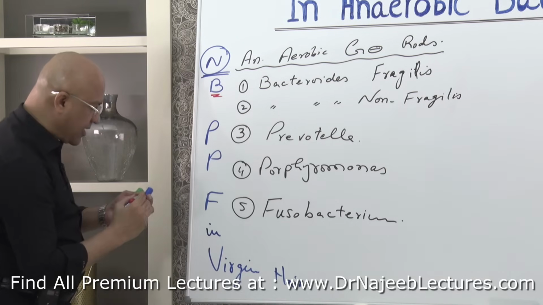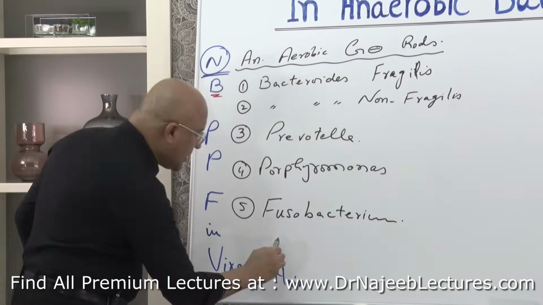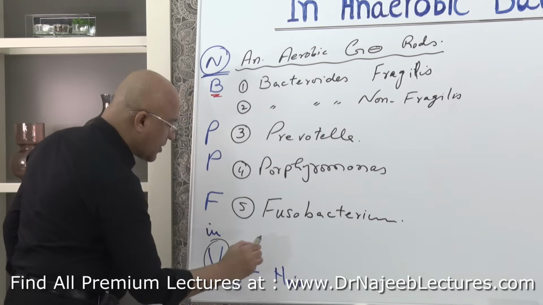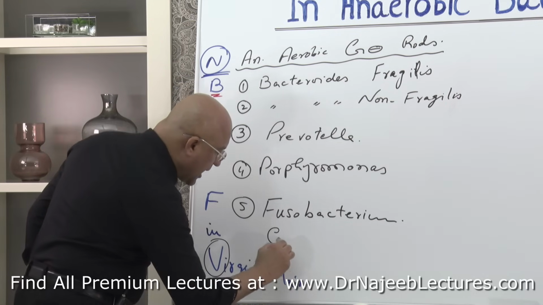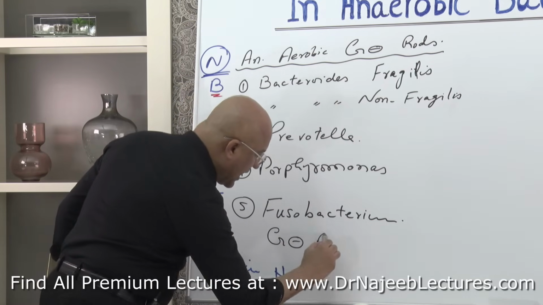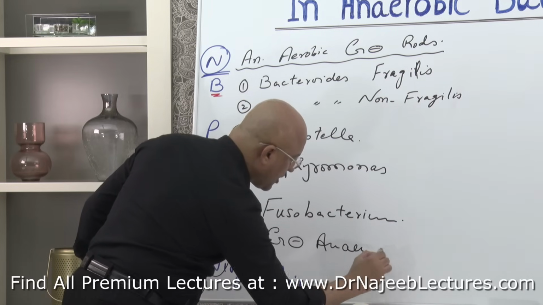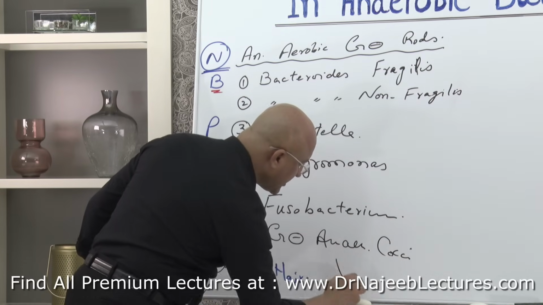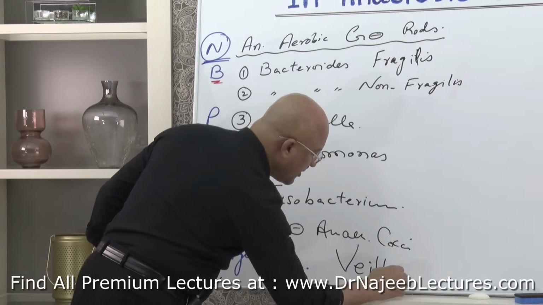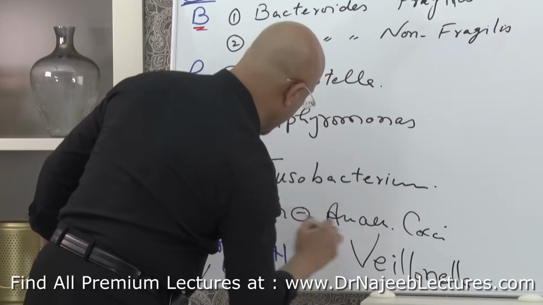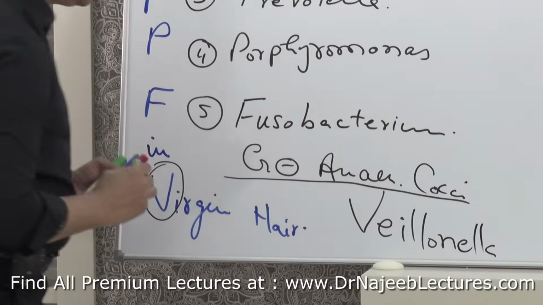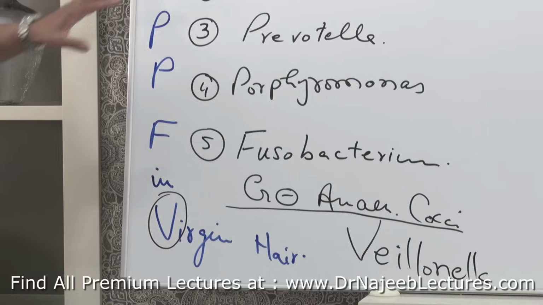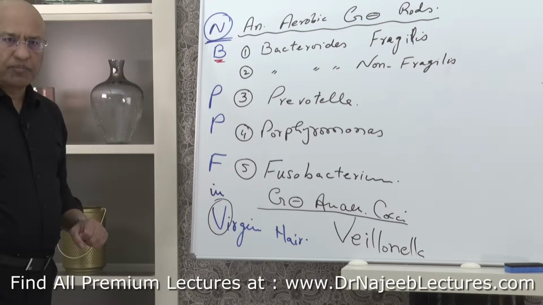In virgins, the V stands for gram-negative anaerobic cocci, and that is Veillonella species. So these are the most important gram-negative organisms.